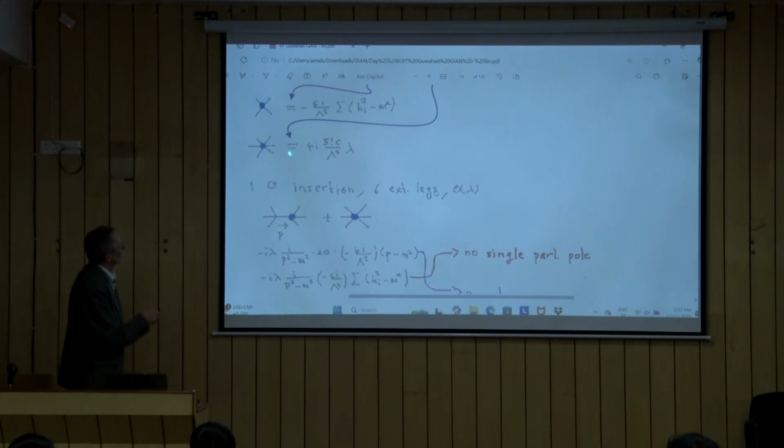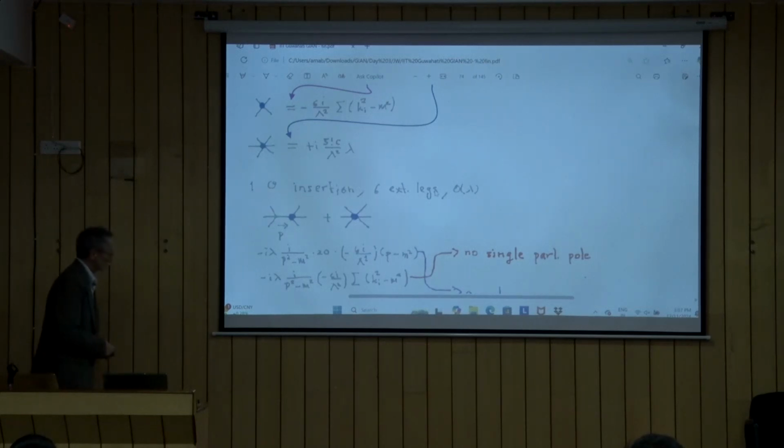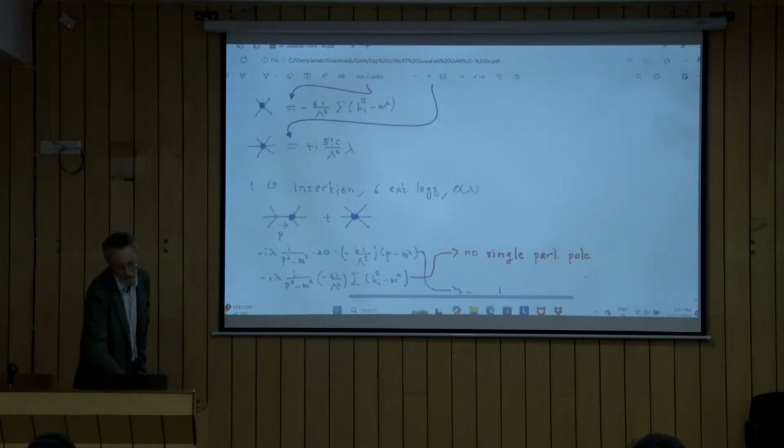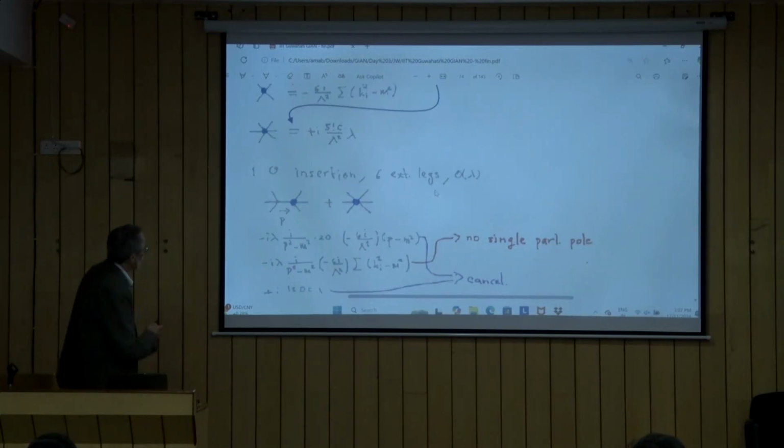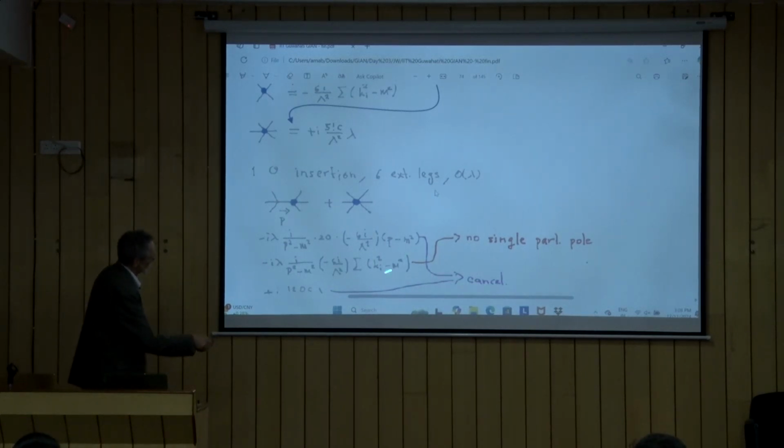So that term will give me a 6i over lambda squared, p squared minus m squared. And then there's a combinatorial factor. And then there's the propagator here, i over p squared minus m squared. And then there's that minus i lambda that comes from this guy. This is this term. And then there are other terms where the k squared minus m squared corresponds to this leg, and that leg. These are these guys.